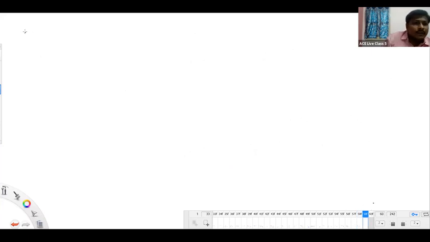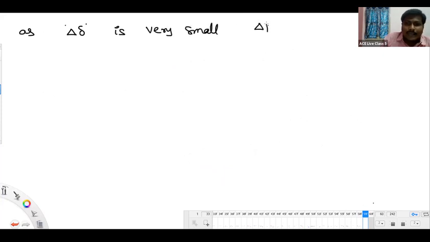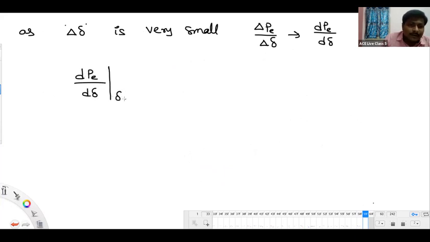So, as delta delta is very small, you can write delta PE by delta delta as dPE by d delta. Finally, you are getting this as dPE by d delta at an angle of delta naught, that is nothing but P maximum cos delta naught.